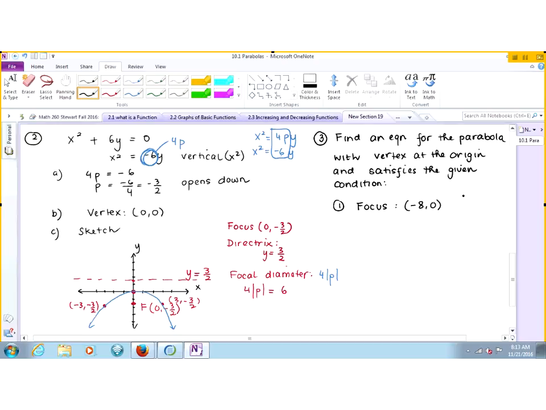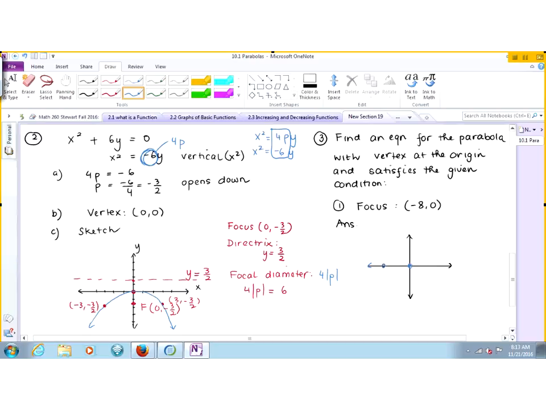So what would you do? They only give you the focus. So remember, what do you need to do? Rough sketch, right? Always rough sketch. Okay. So the vertex is 0, 0. Then where is your focus?